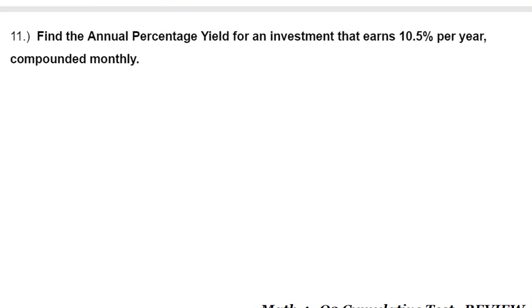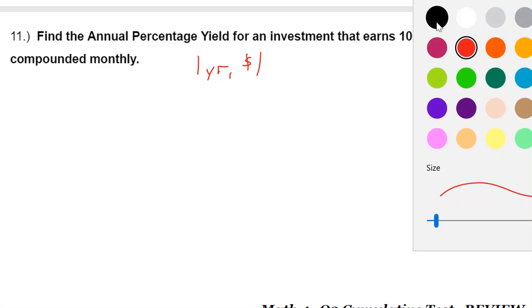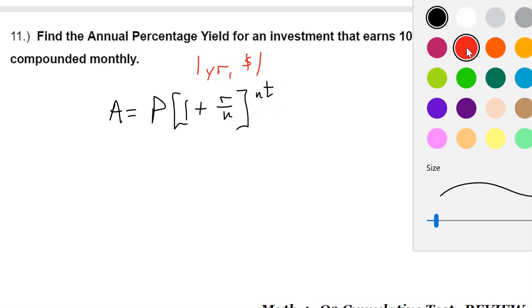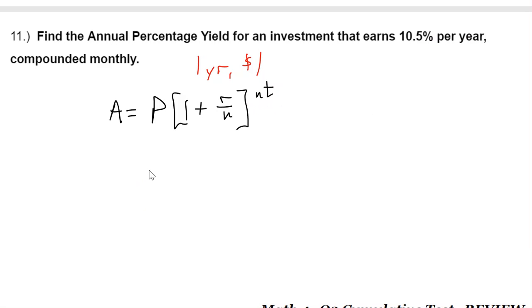All right, find the APY. Now, remember the rule for APY is 1 year, $1. So we're going to go back to the original formula, compounded monthly. And so we're going to plug in. Our principal is $1. Our rate is 0.105.